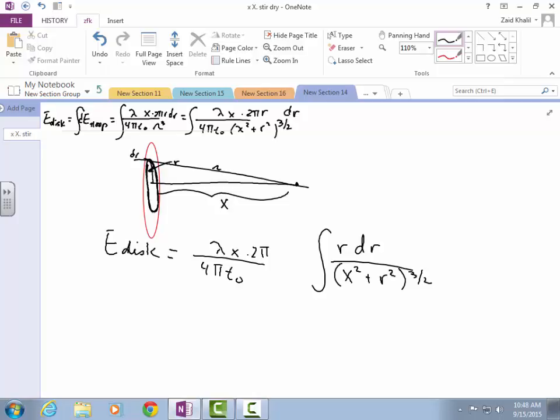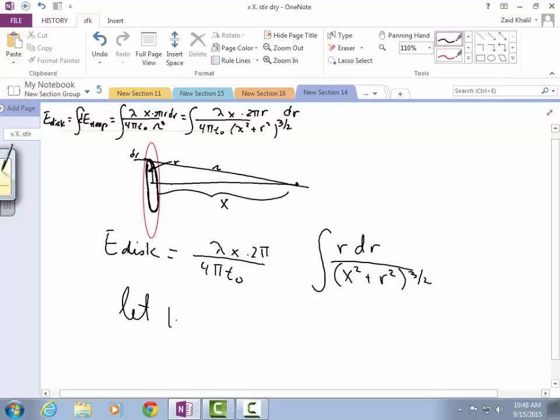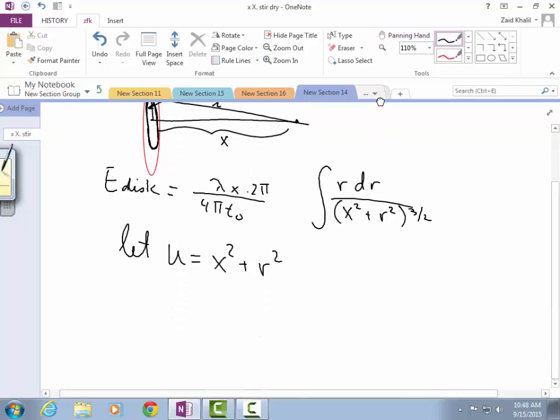U substitution is correct. So how do you do U substitution? Let U equal x squared plus r squared. Now, du dr is equal to?